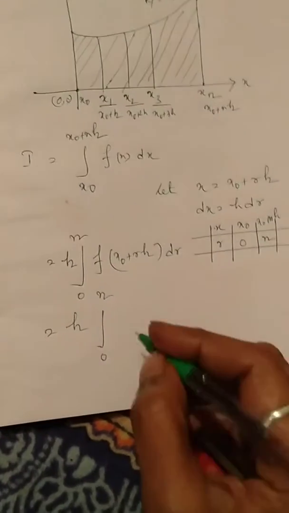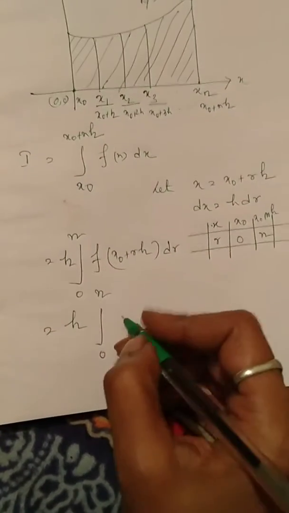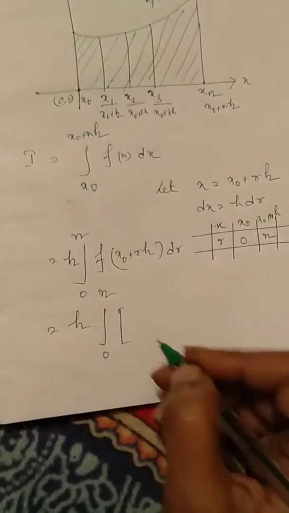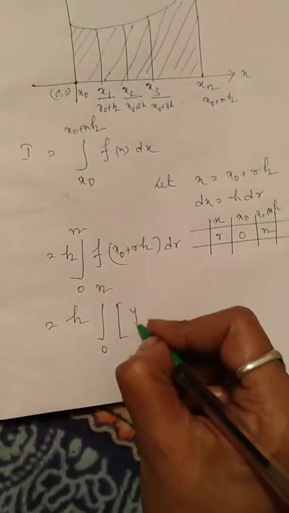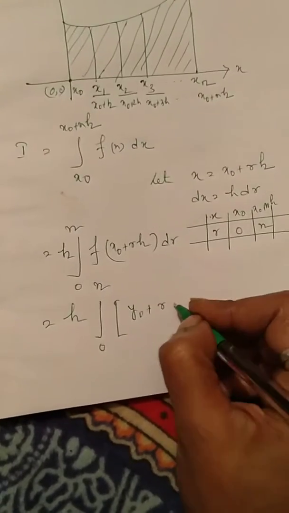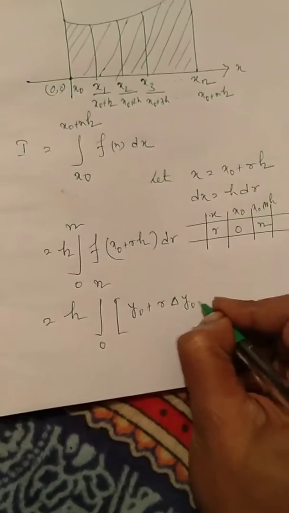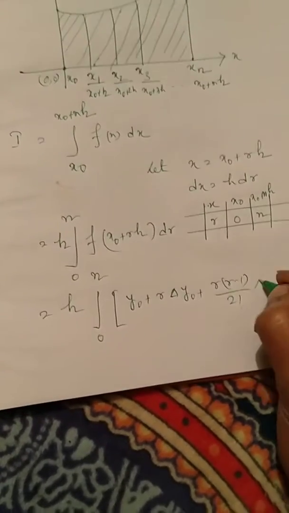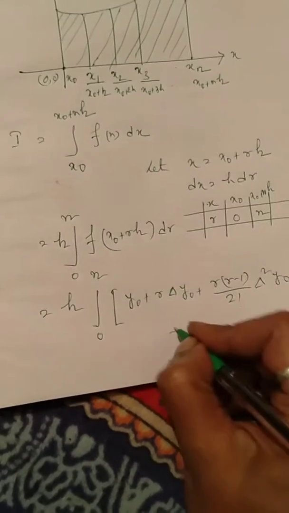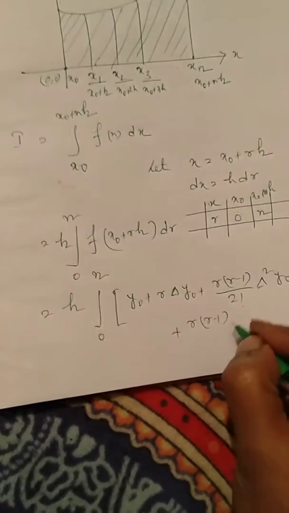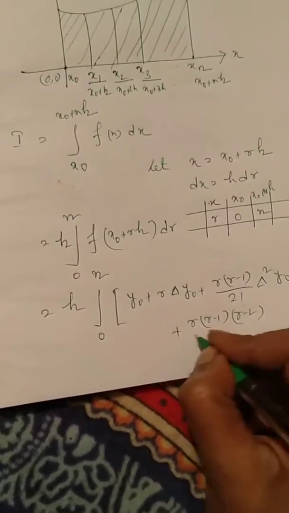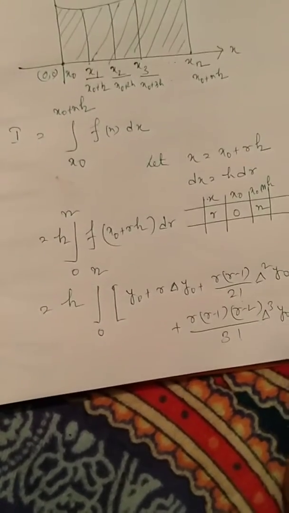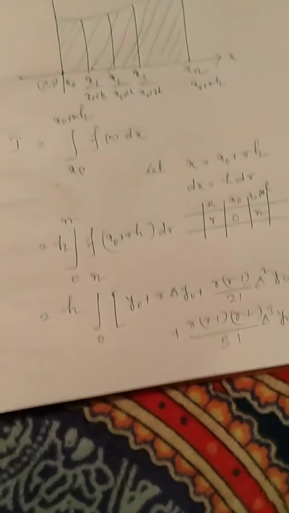As we know, Newton's interpolation formula, f of x0 plus rh will be y0 plus r into delta y0 plus r into r minus 1 by 2 factorial del square y0 plus r into r minus 1 into r minus 2 divided by 3 factorial into del cube y0 plus dot dot up to this dr.